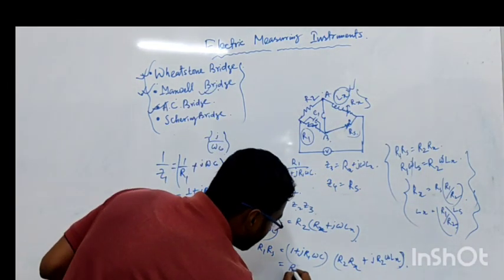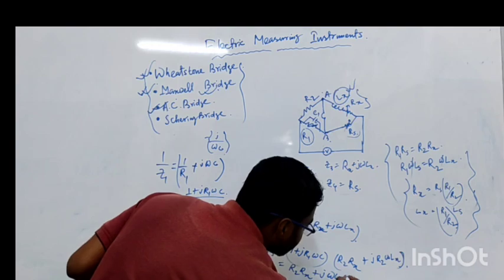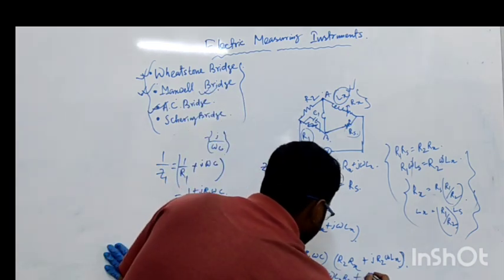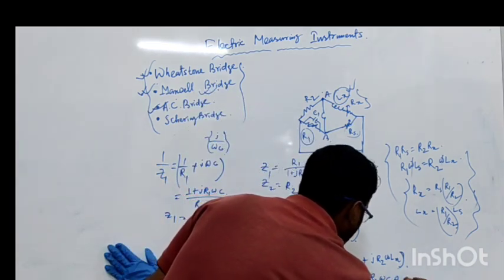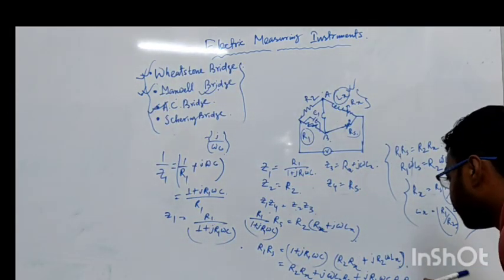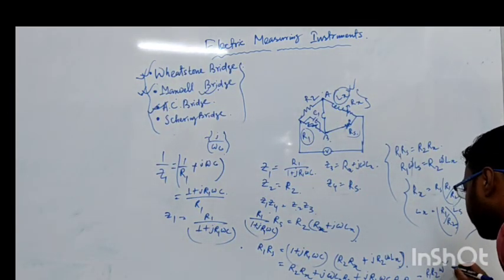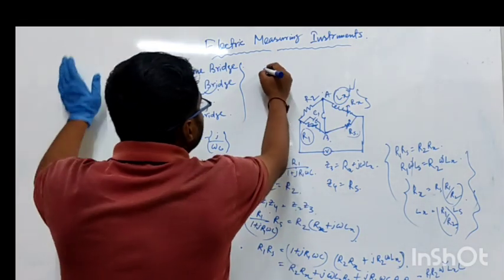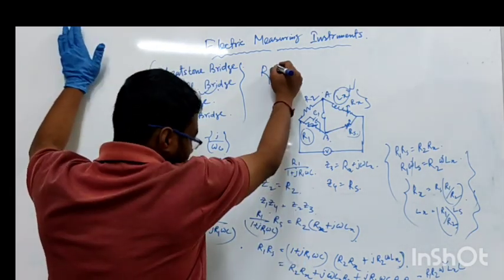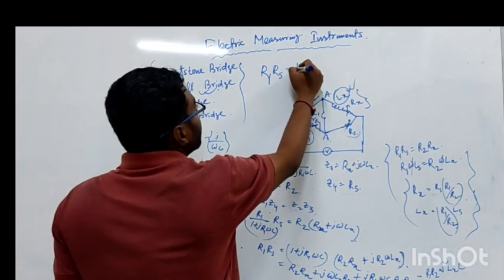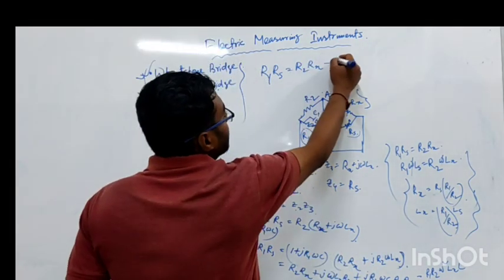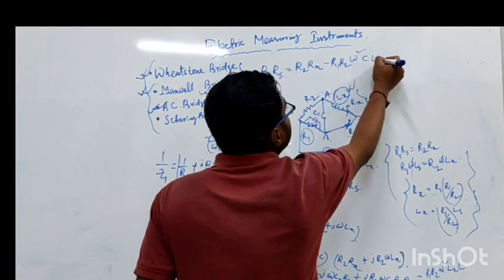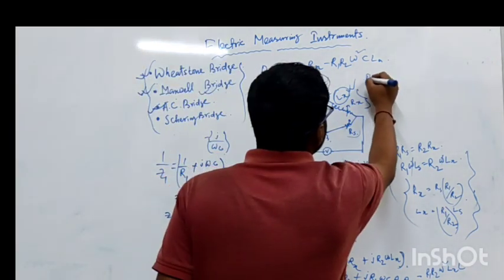So that will be R2 Rx plus j omega Lx R2 plus j R1 omega C R2 Rx, and the next one will be minus R1 R2 omega squared Lx C. So here also we can equate the real part from LHS and RHS, so we get R1 Rs equal to R2 Rx minus R1 R2 omega squared C Lx. So from this condition we can get Rx.